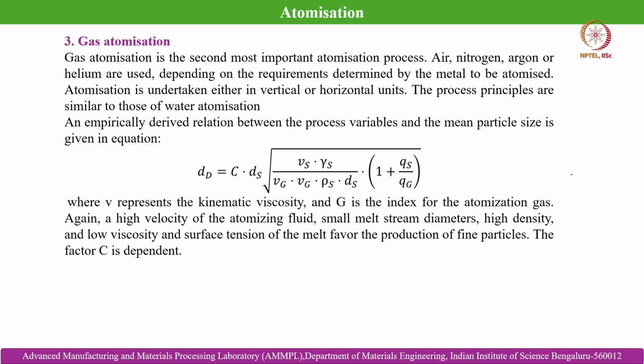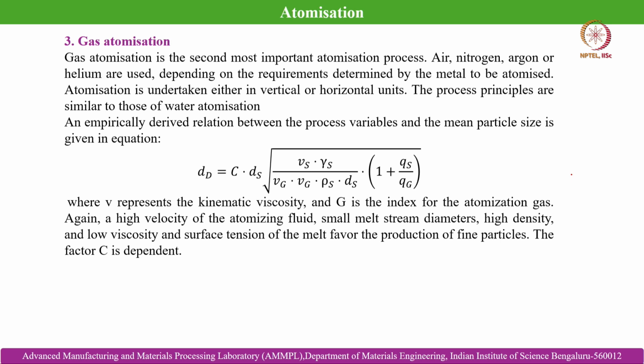The key requirement is that the melt we are considering for disintegration should not have a chemical reaction with the gas that is being used as the disintegrating fluid media.